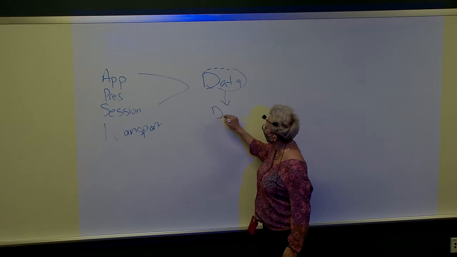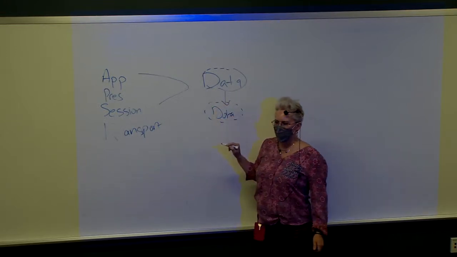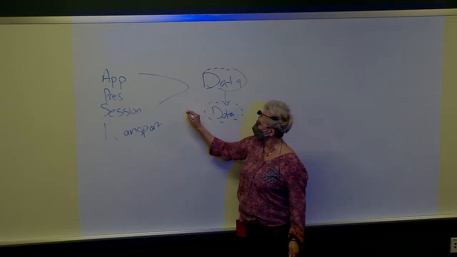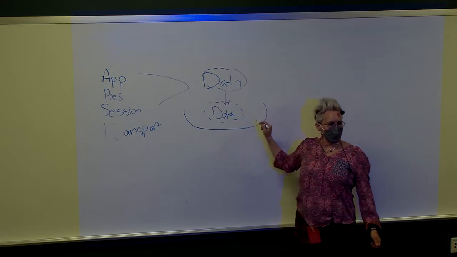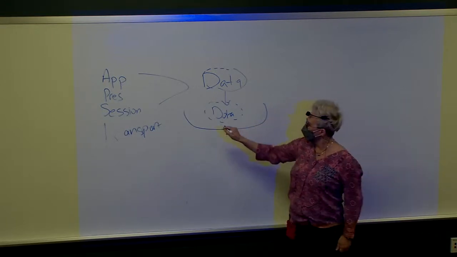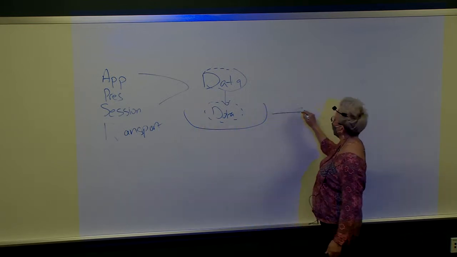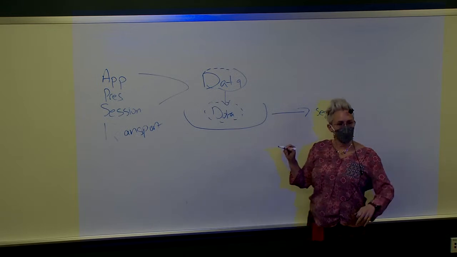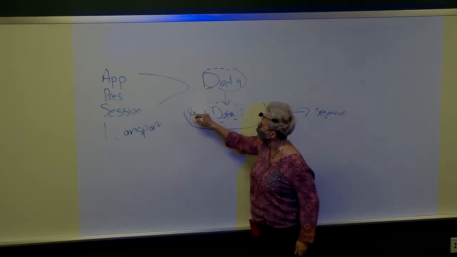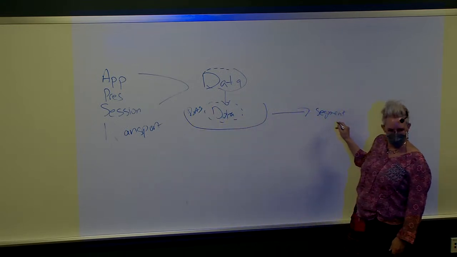So here's my data. It's been bundled up and passed down. And now something's going to happen to it right here. It's going to get what? Encapsulated. So it gets wrapped up. And what does it pick up? Well, it's going to become a segment. But what is it? Ports, right? It picks up ports. And once it has the ports, we call it a segment.